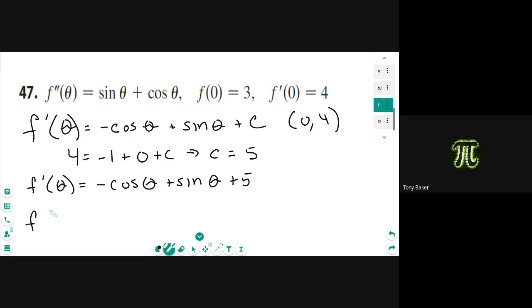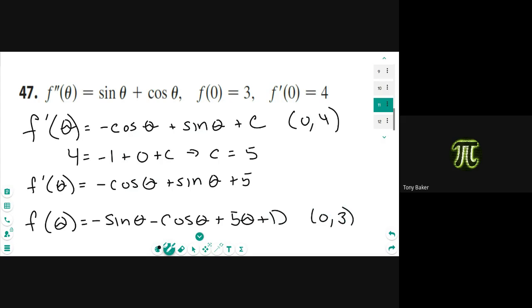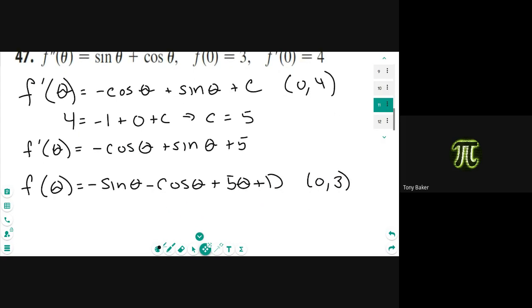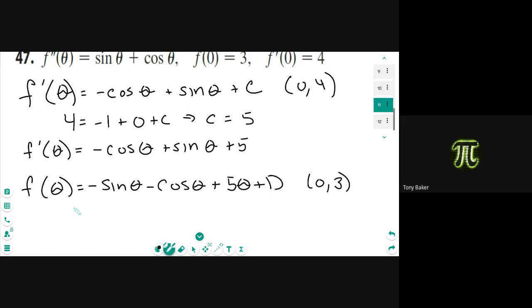So now, what's the derivative of negative cosine of theta? Negative sine of theta. Derivative of cos or sine theta? Plus 5 theta plus d. And they give me a point here as well. So 3 equals 0 minus 1 plus 0 plus d.